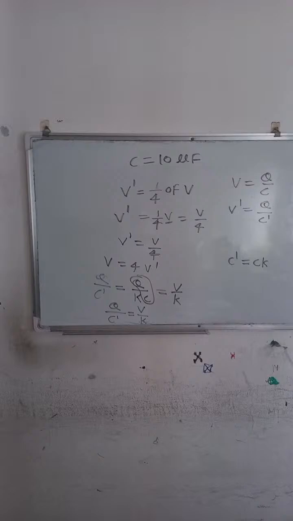That is equal to V by K, and we will get the K value as 4.